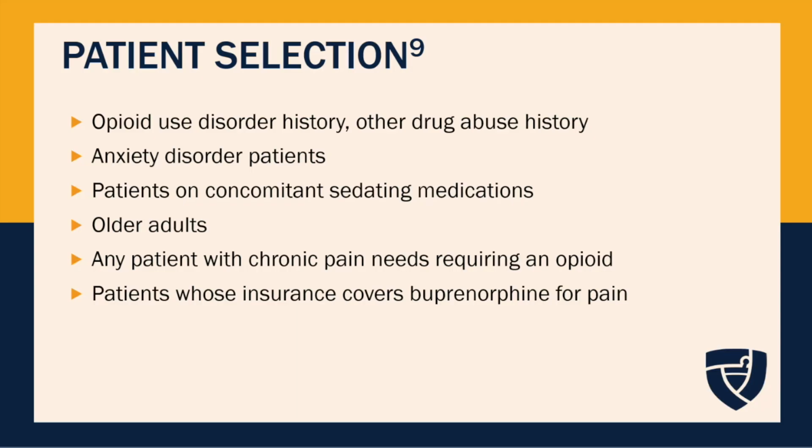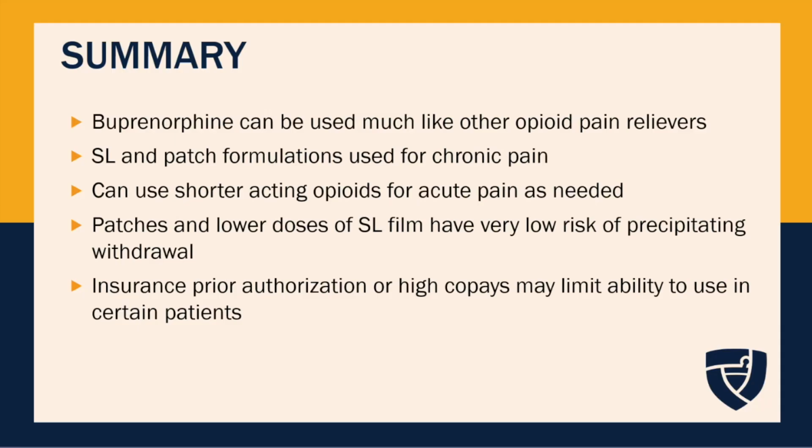Older adults who may have more opioid adverse effects. So seeing a pattern here, those patient groups who may have more opioid adverse effects to pure mu agonists, buprenorphine might be a great option. But truly any patient with a chronic pain need requiring an opiate, buprenorphine might be a great option to help with their pain. But we also need patients whose insurance covers buprenorphine for that pain indication, and that can be a barrier.